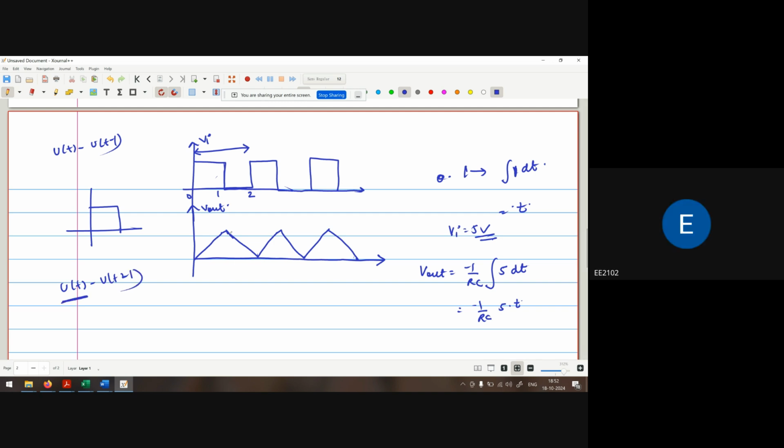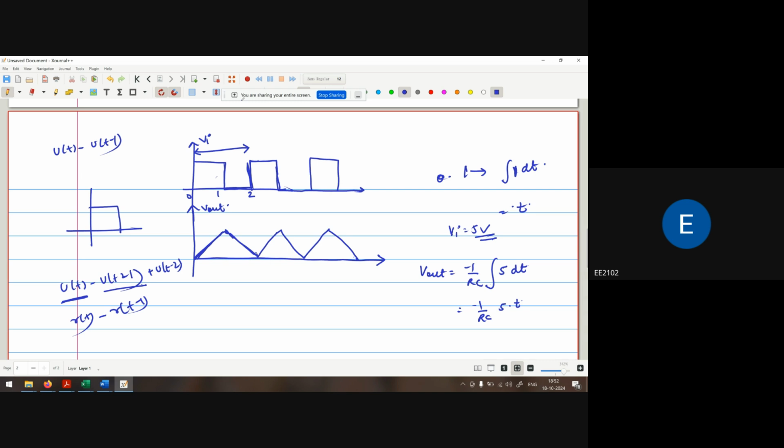The integration of u of t is r of t, a ramp. The integration of u of t minus 1 is r of t minus 1. So this is the r of t signal. At 1, it is r of t minus 1. Again, if I add one more signal, it is plus u of t minus 2.